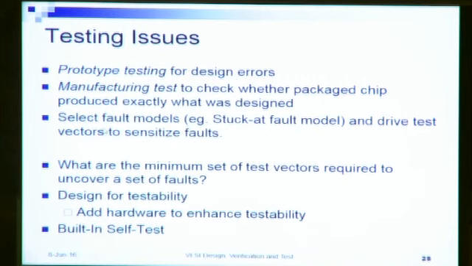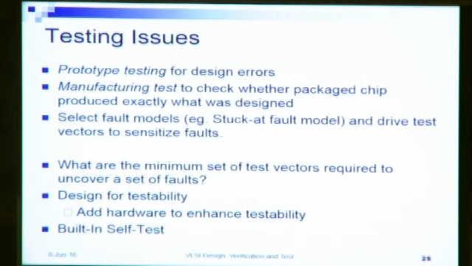Now how do you test? You test with respect to certain fault models. For example, you can have stuck-at fault models. You check whether certain gate inputs are always stuck at 1 or not. Are they short circuit, always stuck at 1, or are they always stuck at 0, right? So how do you test that? These faults are discovered by driving certain test vectors to sensitize these faults.